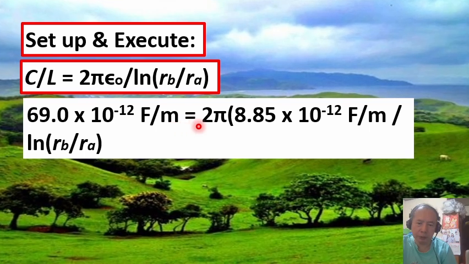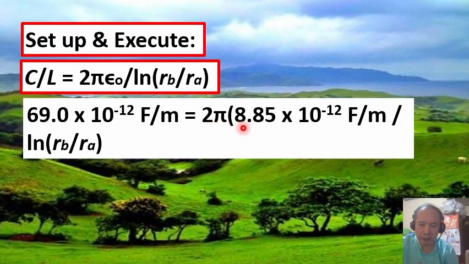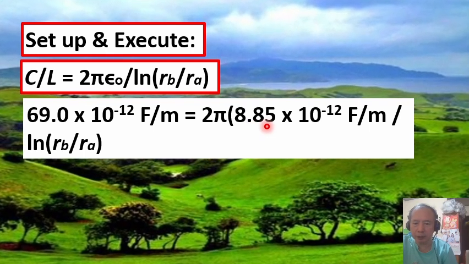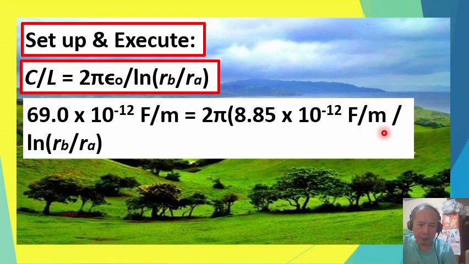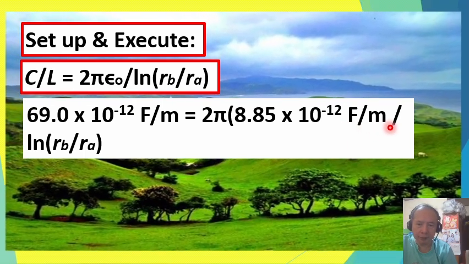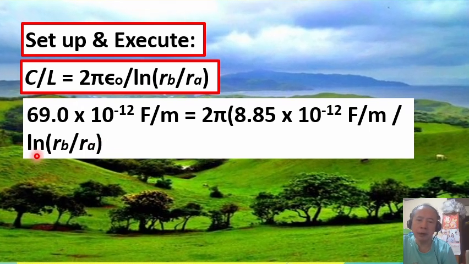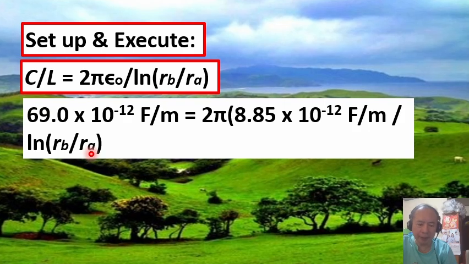That equals the product of 2 pi and the permittivity constant 8.85 times 10 to the negative 12 farad per meter, divided by ln of R sub B over R sub A.